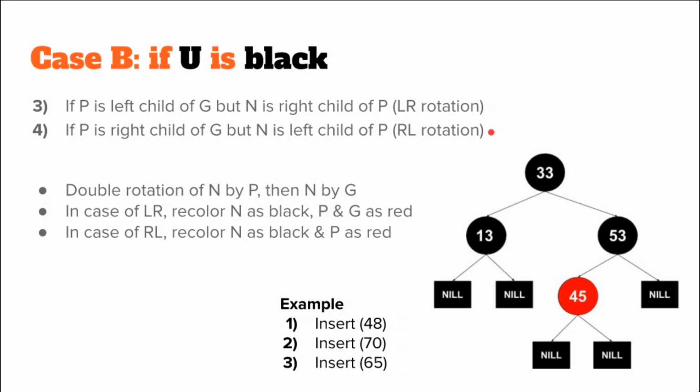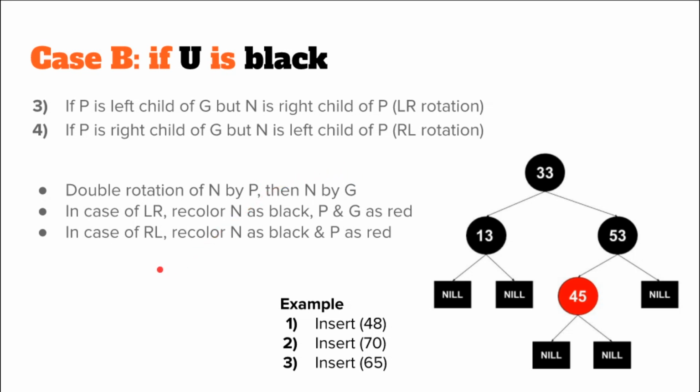Vice versa, if the new node N is a left child of parent node P and P is a right child of grandparent node G, then it is called RL rotation. Both LR and RL rotation are double rotations, where first new node N is rotated by parent node P and later on new node N is rotated by grandparent node G.